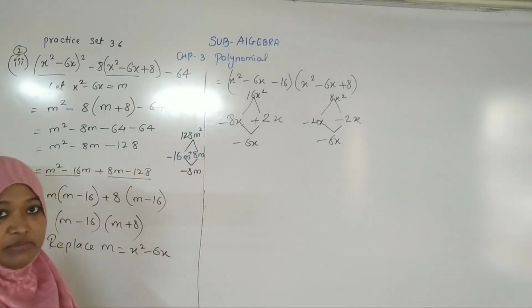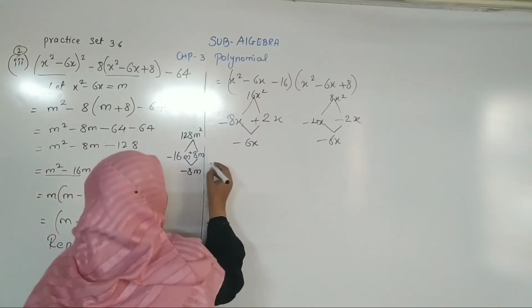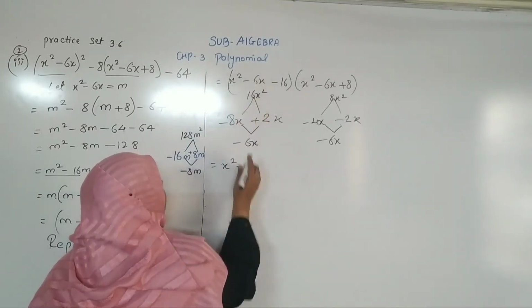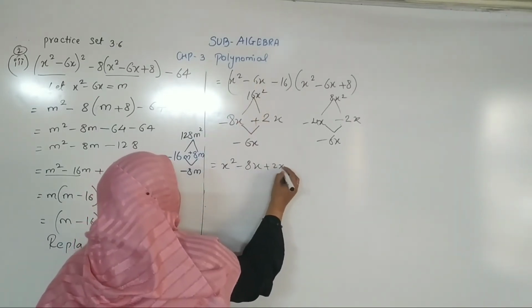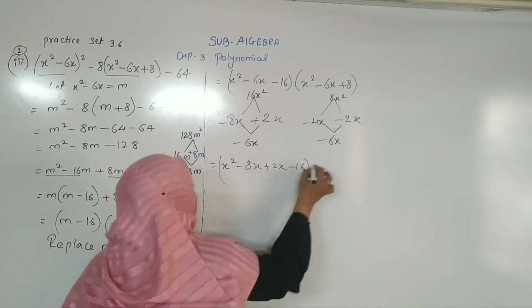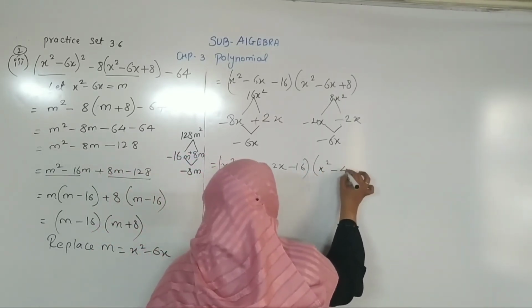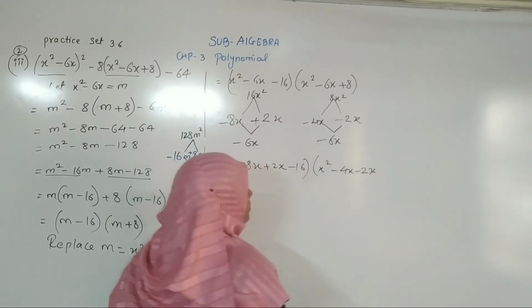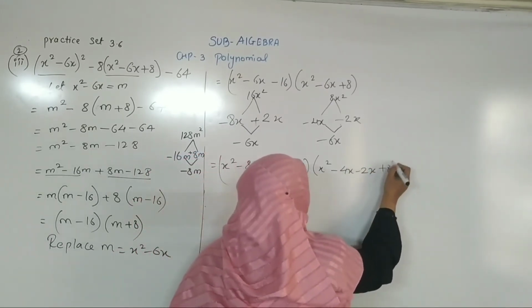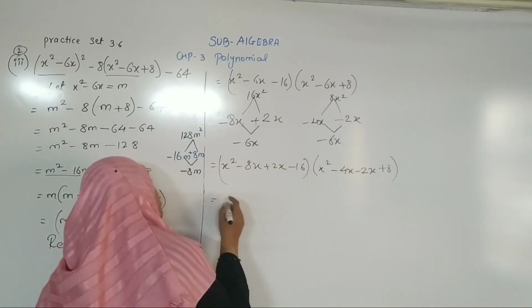So I had the same sign there. So students, see, for x square, the middle term I will write 8x minus 2x minus 16, and x square minus 6, plus 4x minus 2x plus 8.